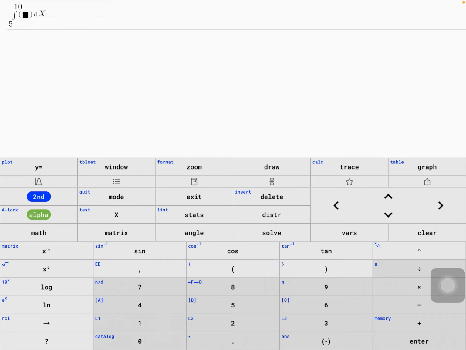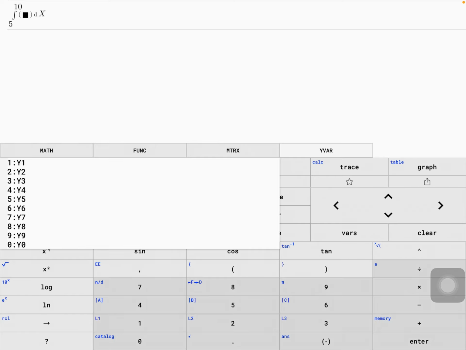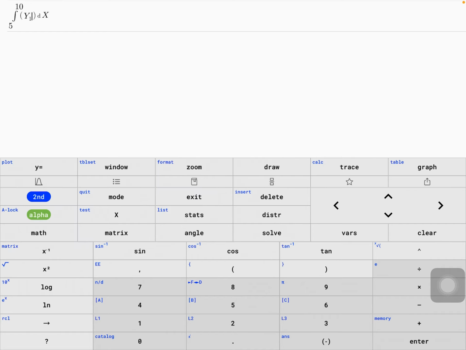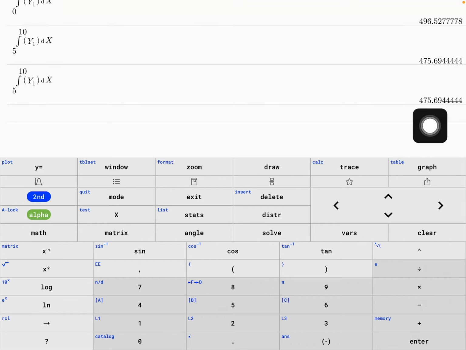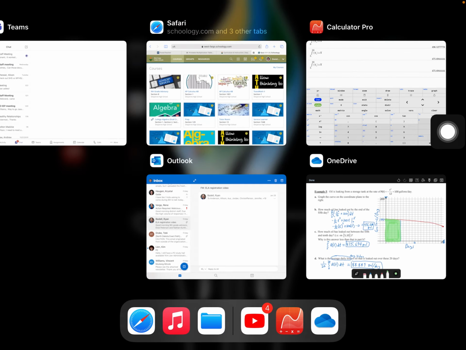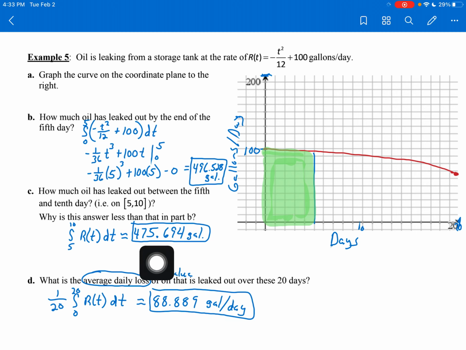And then in here, instead of retyping that, since we already have it in y equals, use that alpha f4 and choose number 1 for that function. And then we can hit enter after that, and we come up with 475.694. Okay, and that's what I had when I calculated that before.